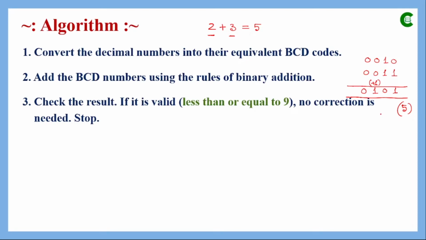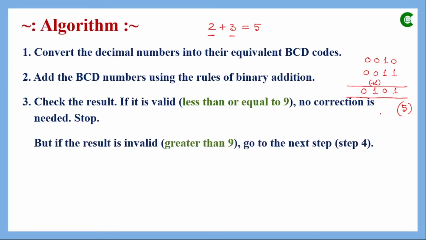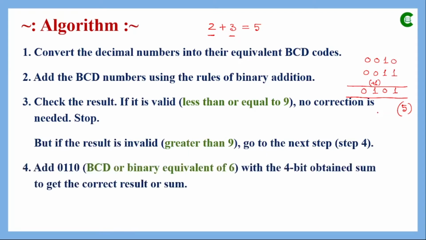But if it is more than 9, then what happens? That rule we also have to know. If it is greater than 9, then we have to go to the next step. So what is waiting for us in the next step? The next step says to add 0110. And what is 0110? 0110 is the binary equivalent of 6. Here we have seen that in BCD we have 6 invalid codes.